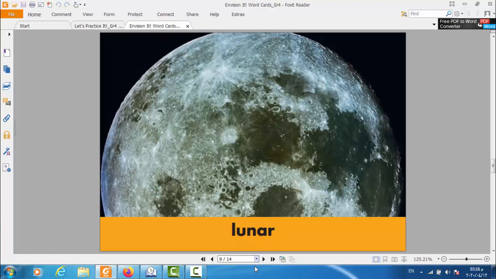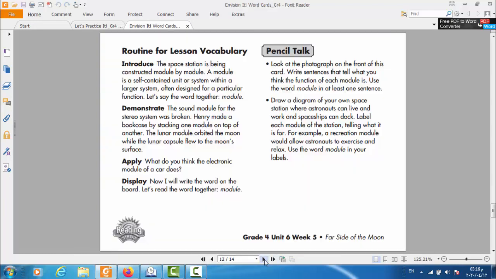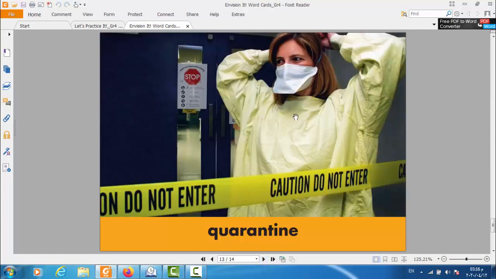Like in here, guys, you will find, this is the meaning of quarantine. It means isolation and other things that are taken in order to prevent an infectious disease from spreading.